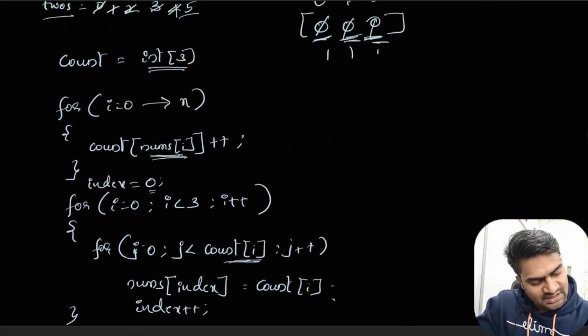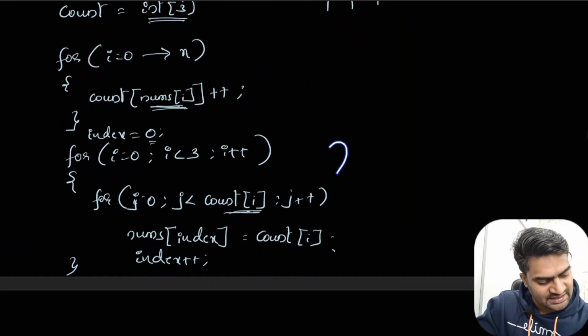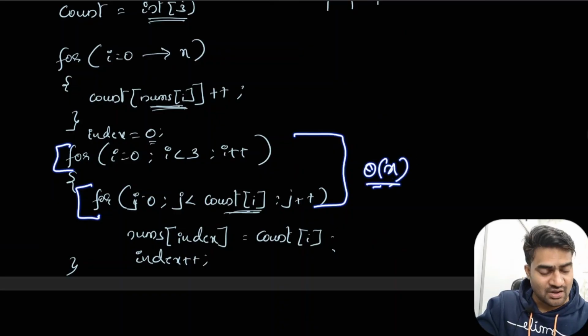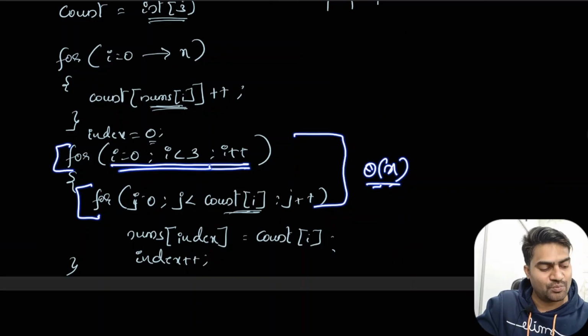Now if you see, the first iteration is of order n, it will simply count the 0's, 1's and 2's. Then in the second iteration, even though there are 2 for loops, it is only of order n. How? This for loop will run only 3 times.